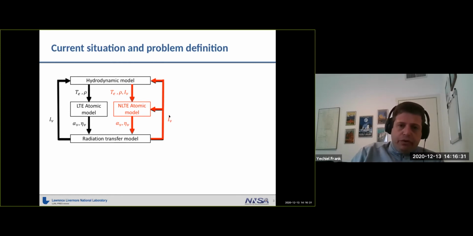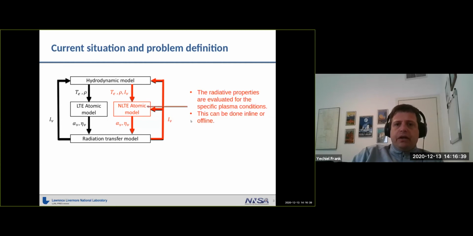And as I told you, even without doing that, such a calculation can take up to a month, and I'll talk about a few more problems with this in a second. So basically, our problem is twofold. First of all, when we try to do this in line in order to get the radiation flux correctly, and again, the radiation flux can be totally non-thermal.